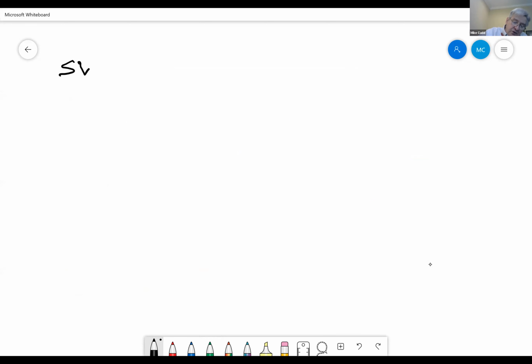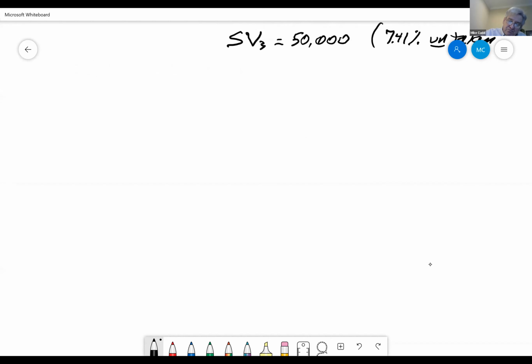We're told the salvage value in year 3 will be 50,000. And we just looked at a table and noticed that at that point in time, 7.41% would be our untaken depreciation.